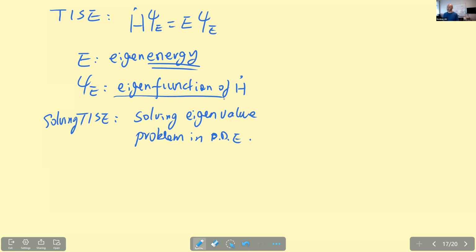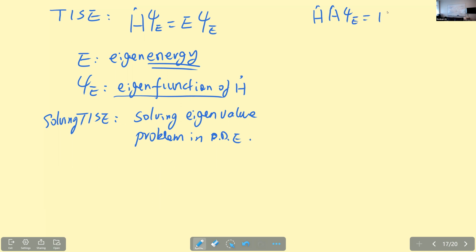If it's an eigenfunction, that means when you apply this operation on the wave function, you still get the same wave function, except for a constant. For example, if you apply it twice, see what will happen.